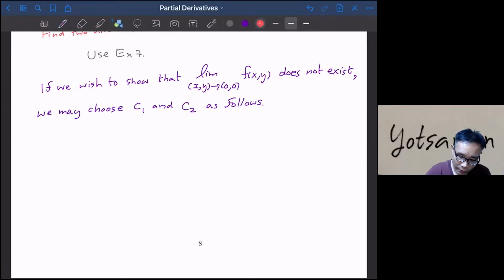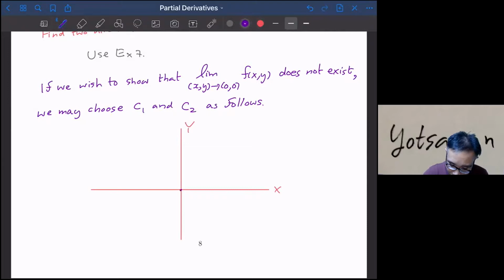So you're going to have the X axis and Y axis, and you have your (0, 0) in the middle. This is the origin.